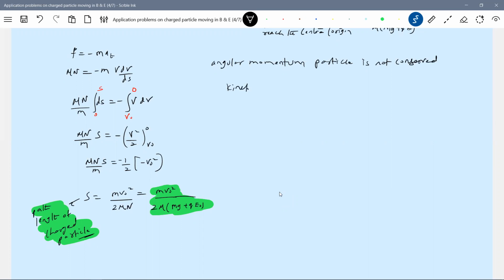It's also not conserved. Why is it not conserved? Because the tangential force is acting. We know angular momentum equals m v r of a particle, and continuously the speed is varying, r is also varying. Therefore, as the net torque is non-zero, even the angular momentum is not conserved.